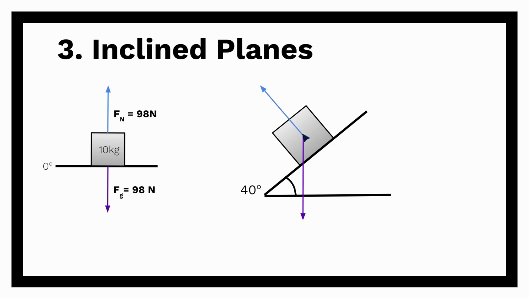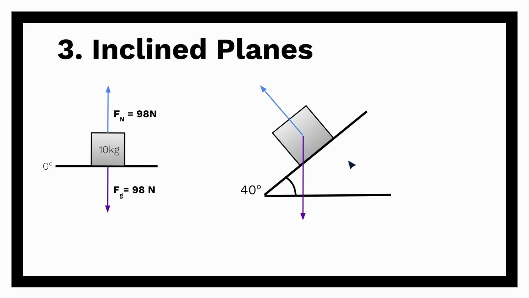And you'll notice it's a little bit shorter than the force of gravity. Why? Because it only cancels out with the forces in this direction, but there are no other forces in this direction. Okay, but it might seem a little confusing, like what is it canceling out with?